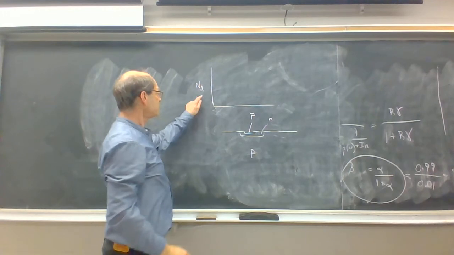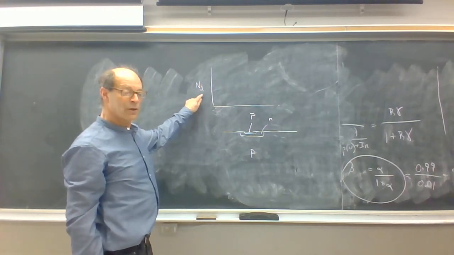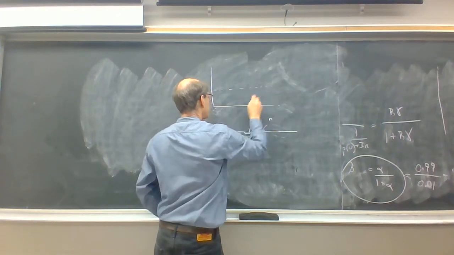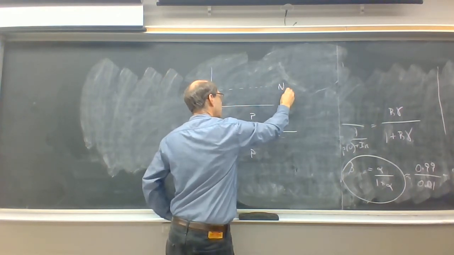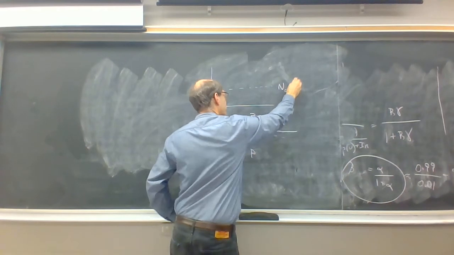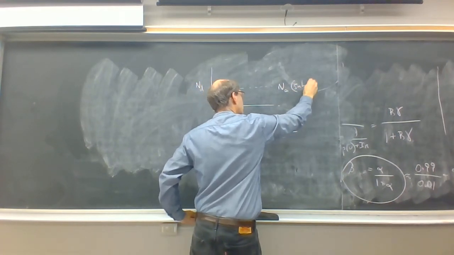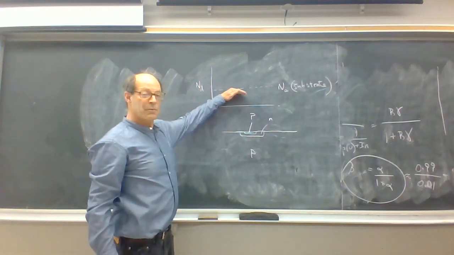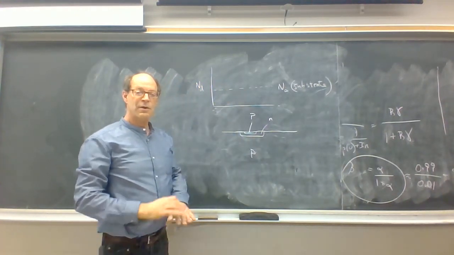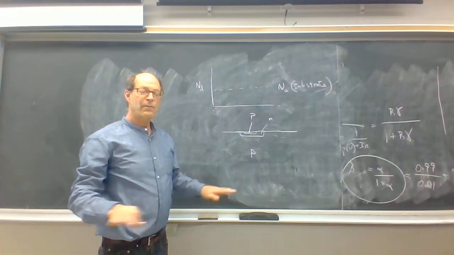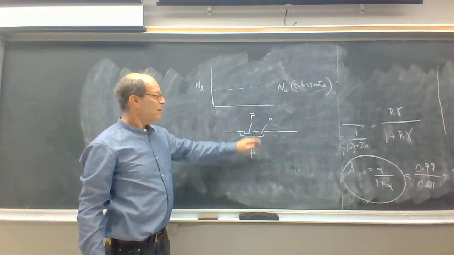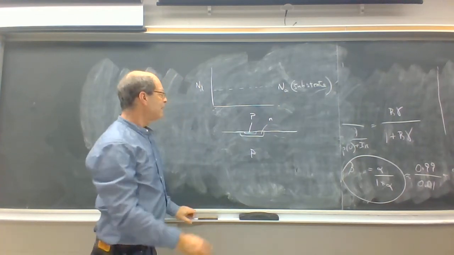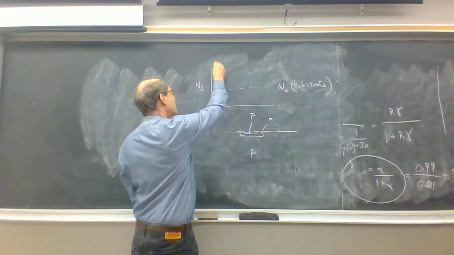So first I'll sketch the profile of the dopants in this device. We have Na, which is the substrate doping. That means that the substrate itself is a uniformly doped p-type material with an acceptor doping level of N sub A. Now we diffuse in an n-type layer.